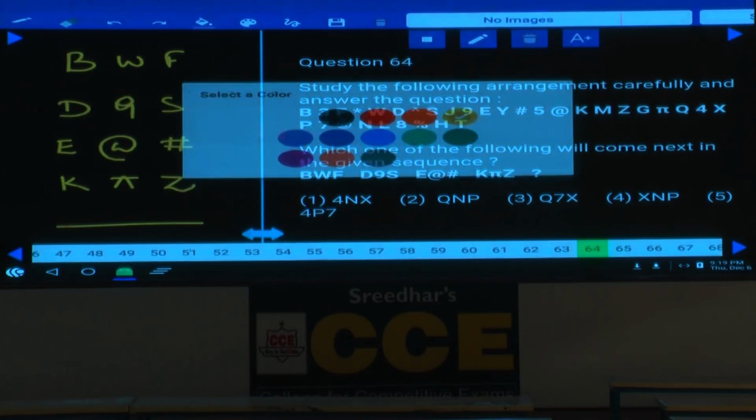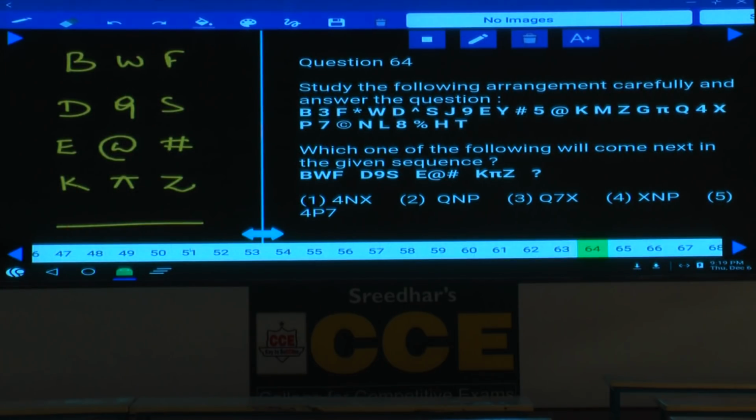Now check out the pattern here. Now the relation between B and D: 1, 2, 3, 4, 5, plus 5, and D and E, what is the difference here? 1, 2, 3, 4, 5 plus 5, and E and K, 1, 2, 3, 4, 5 plus 5, and K plus 5, 1, 2, 3, 4, 5. What is the letter here? Q is the letter. Now to the first letter in each of these terms, 5 letters are added.